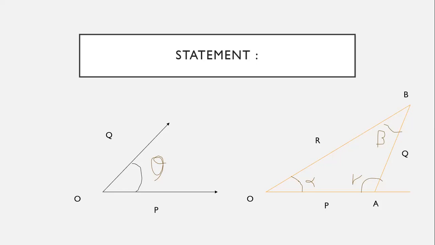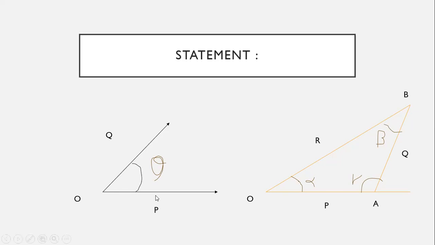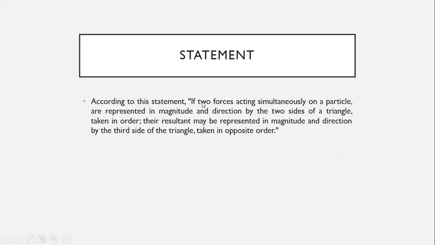So what is the proposed statement? Take two force vectors P and Q, both acting simultaneously at a particle, at a point O, where theta is the angle between the two force vectors.